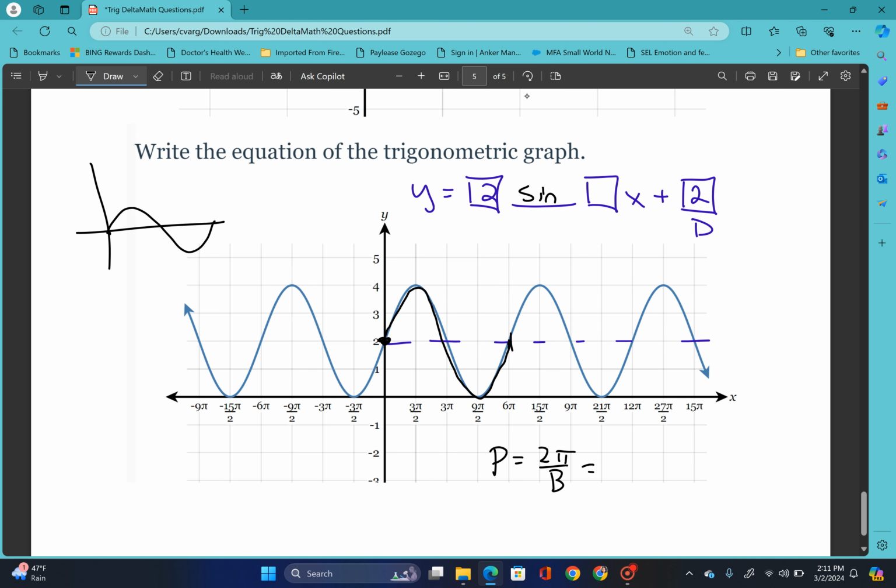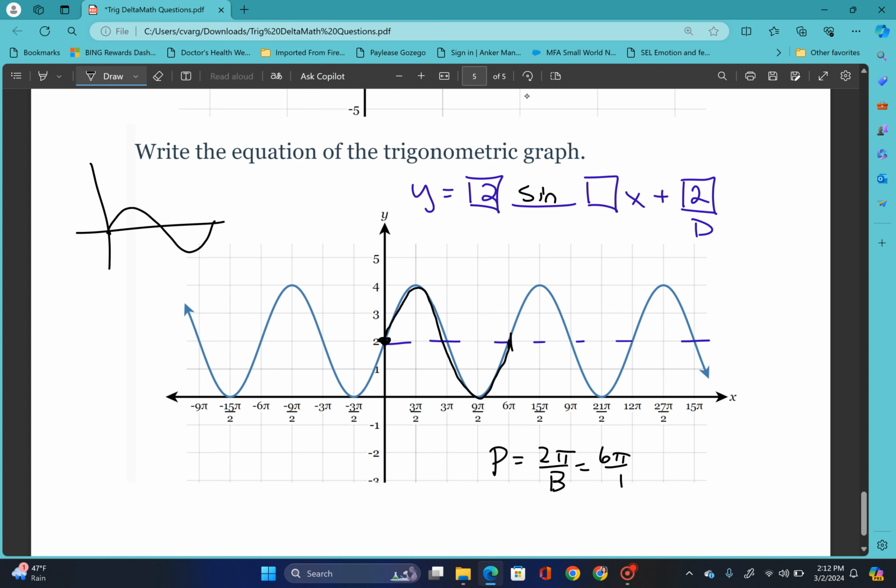This is equal to 6 pi over 1, cross multiply. And I'll teach you a shortcut here, just once you understand the point, right? So 2 pi over 6 pi. The b can be replaced with 6 pi. The reason why is because 2 pi over b is equal to 6 pi over 1.